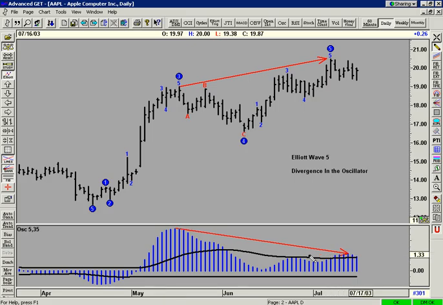The oscillator peak for Wave 5 is much smaller than the peak for Wave 3. We call this the divergence in the oscillator. So with the Elliott Wave 5, we're looking to make new highs in price, as we've done here in Apple Computer. And we're looking for divergence in the oscillator, a smaller peak during Wave 5 than we had during Wave 3.